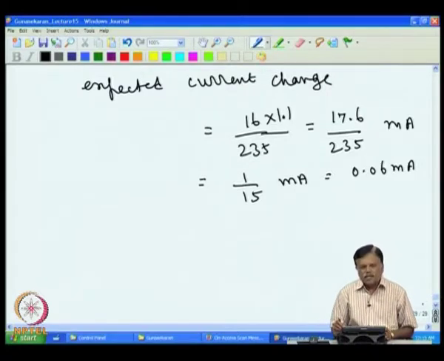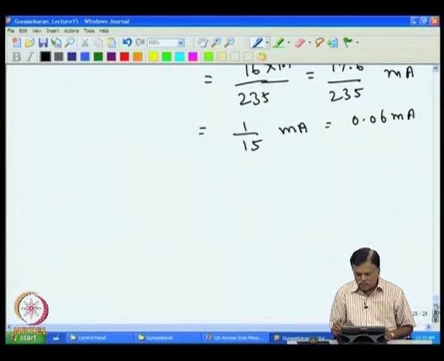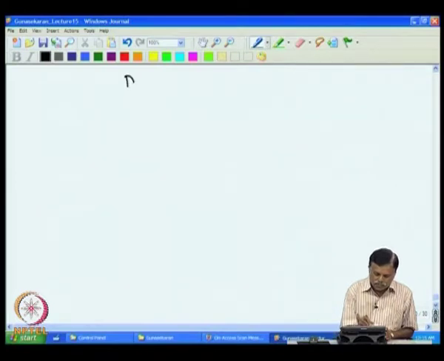Now, let us see another design, namely how to use LVDT for displacement measurement. So, we will pick up another example, that is design of LVDT based position transmitter.